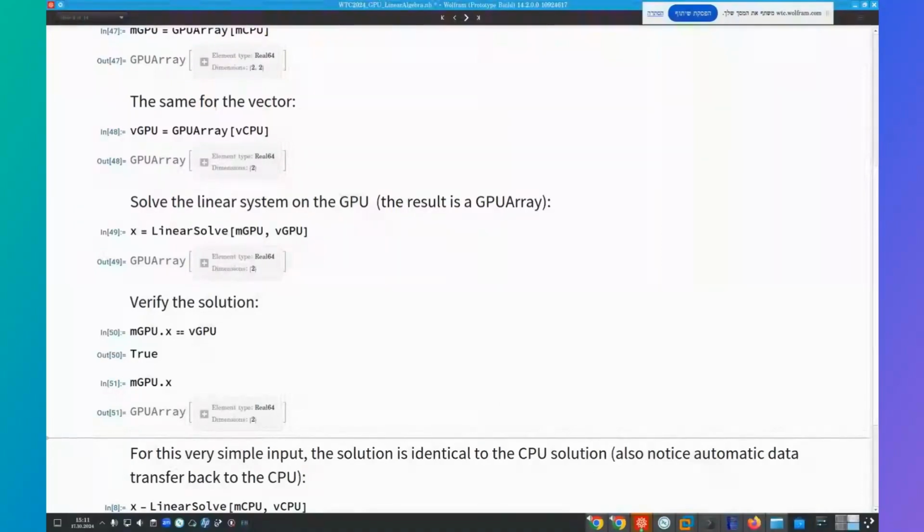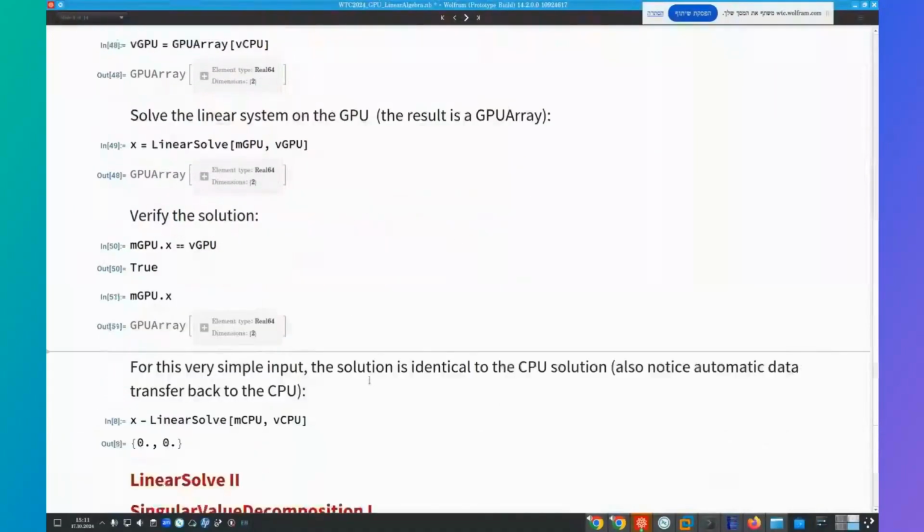Now, for this very simple input, the solution is identical to the CPU solution. That's obviously not going to be the case for general things. The other thing to notice in this input is the automatic transfer back to the CPU. So I did linear solve here of mCPU, vCPU. If I do an evaluate in place, voila, there's the information, there's the normal list.